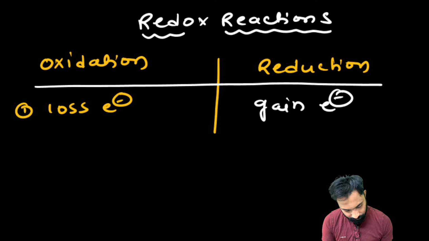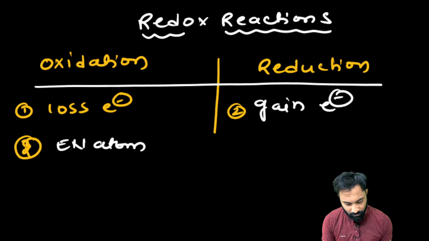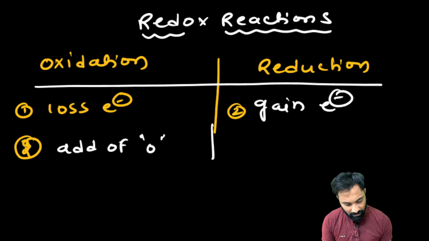Now, we will see the next point. Second point: adding of oxygen is oxidation and loss of oxygen is reduction. Good, Nitya, good. Now, if you add any electronegative atom, that is oxygen, addition of oxygen is oxidation and removal of oxygen is reduction.